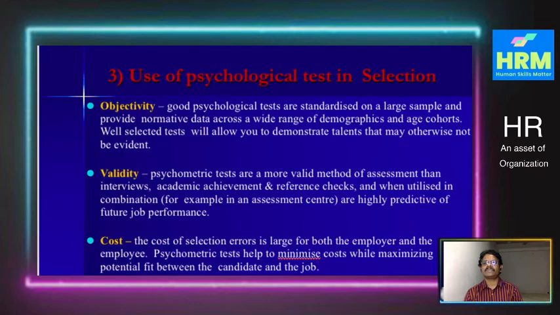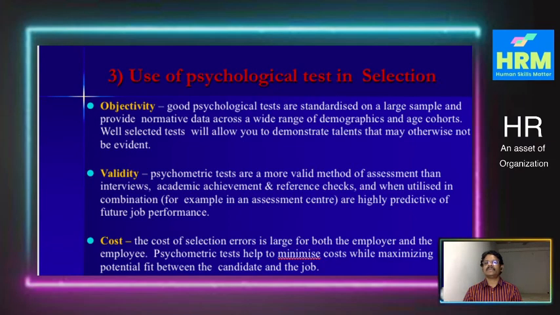First of all, if you just look at the use of the psychological tests in selection, it is for objectivity, right? Good psychological tests are standardized on a larger sample and provide normative data across a wide range of demographic and age cohorts. So, well-selected tests will allow you to demonstrate the talent that may otherwise not be evident, right?